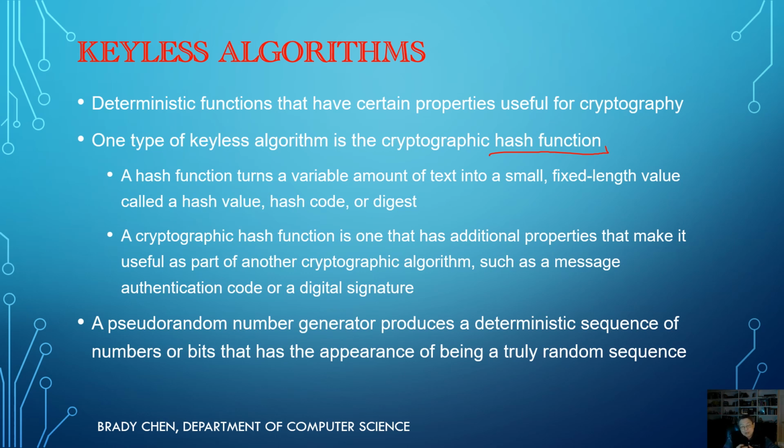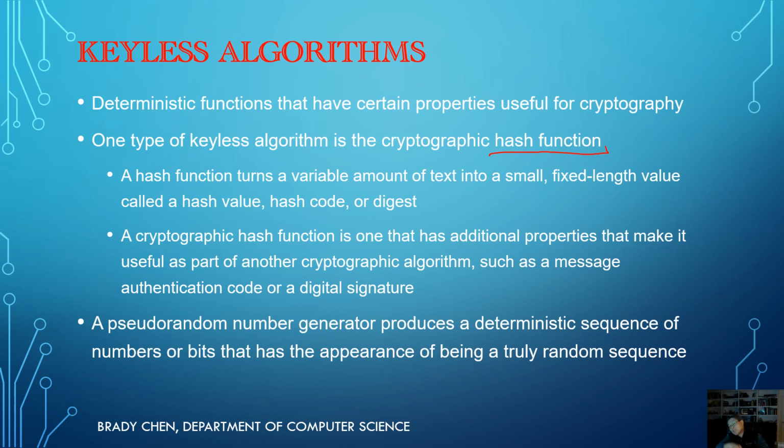Now, how are we going to use the hash function? Mostly, a hash function is used together with another encryption algorithm. When I send a message to my destination, I encrypt the message, but I also apply the hash function to the message, and I attach the hash value with the message.